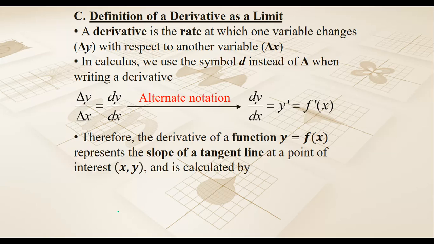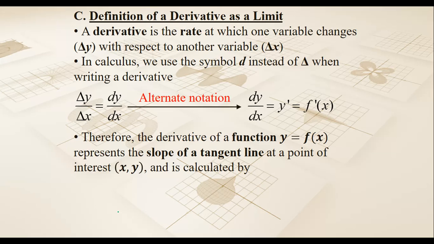Now, in terms of the problem we looked at, I said a derivative is a rate of change in terms of how one variable changes with respect to another one. Well, in the context of our slope problem, we are looking at how the rise changes with respect to the run. Well, that is a representation of the slope. So in mathematics, when we're looking at an actual function, what does the derivative of a function represent?